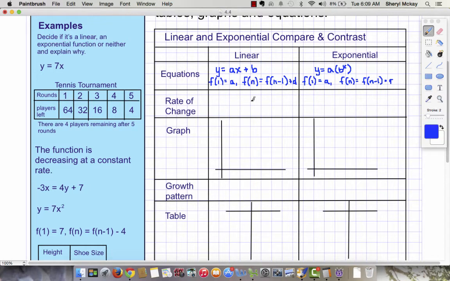Now, the rate of change in a linear equation, we actually call it a constant rate of change, don't we?